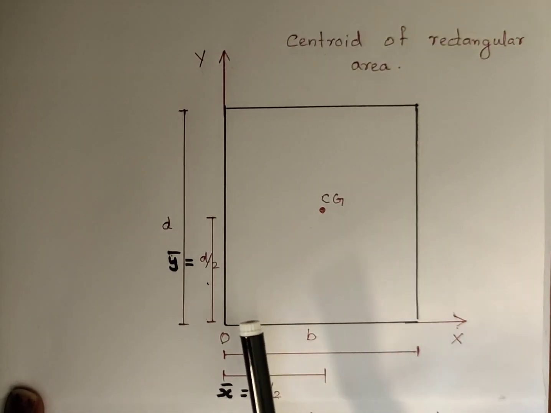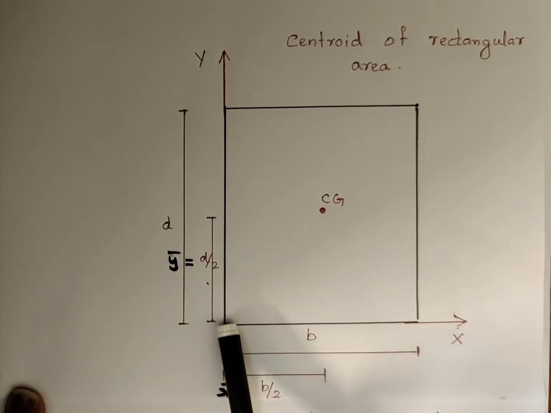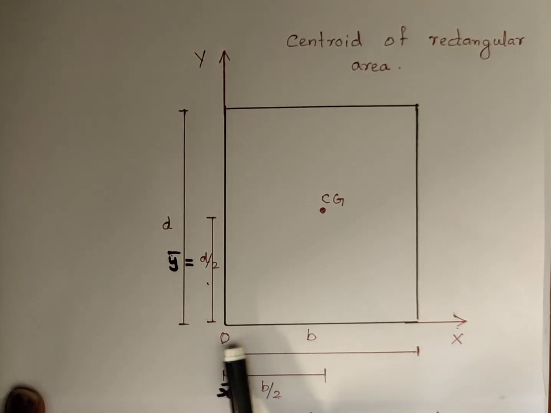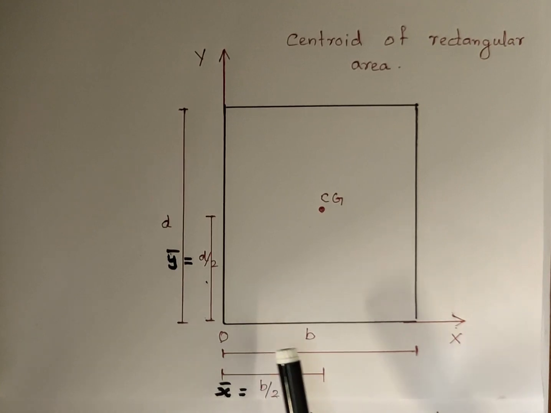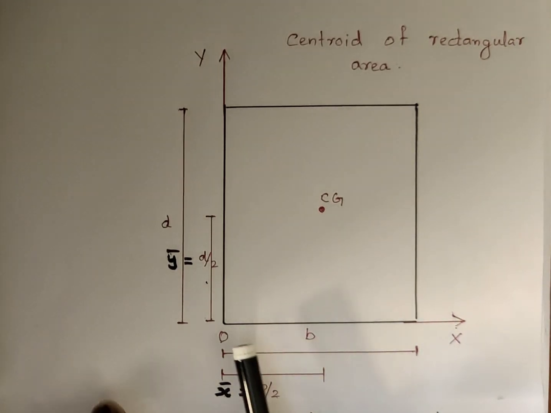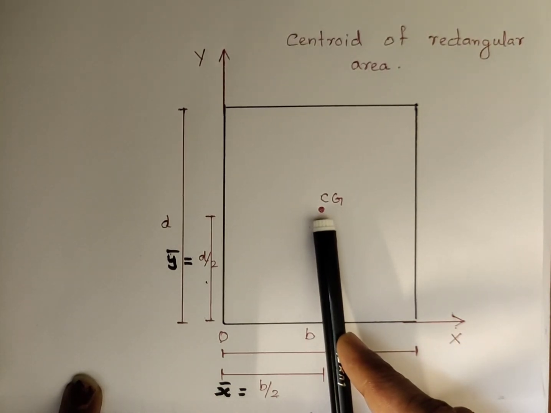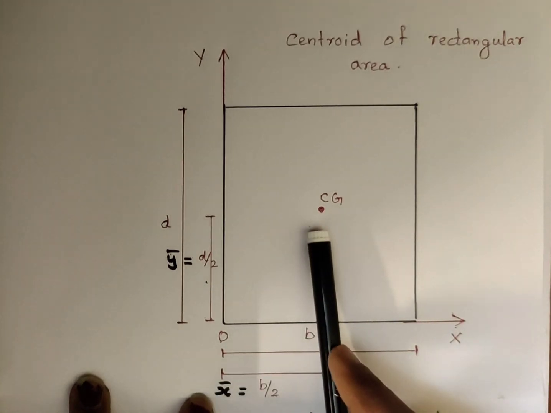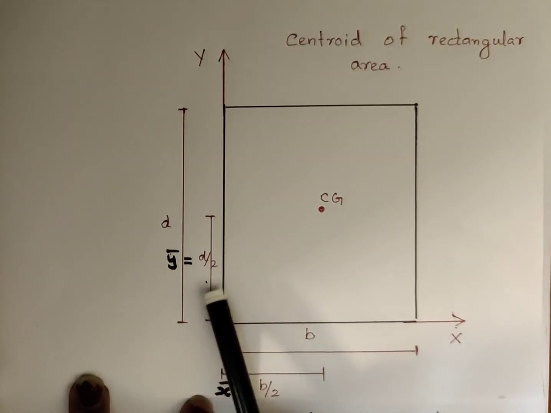For this rectangle, we assume the base width as B and the depth as D, based on the reference axes OX and OY. These reference axes are taken such that OX is along the bottom line and OY is along the extreme left of the figure. Based on these reference axes, the x coordinate of the centroid is B by 2 and the y coordinate of the centroid is D by 2.